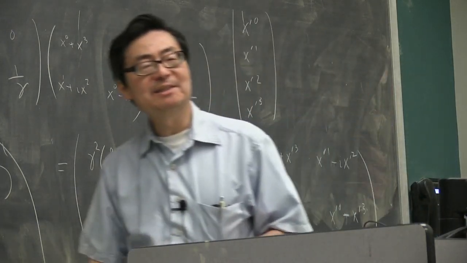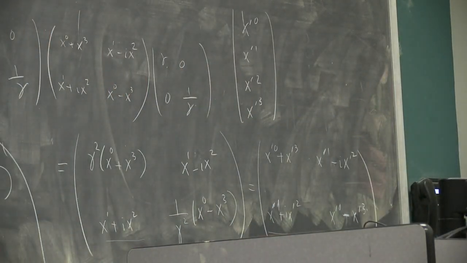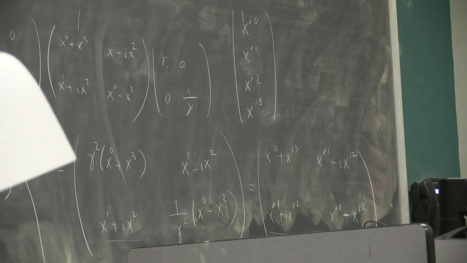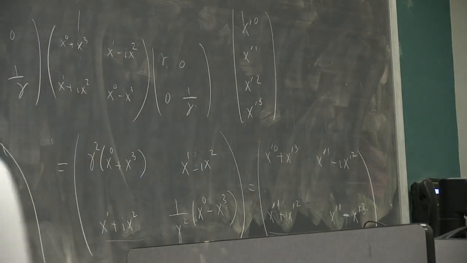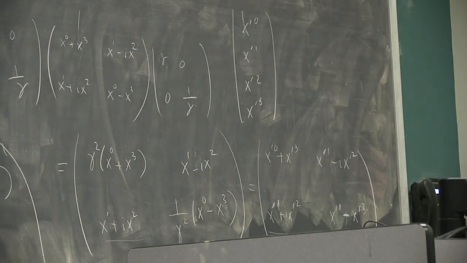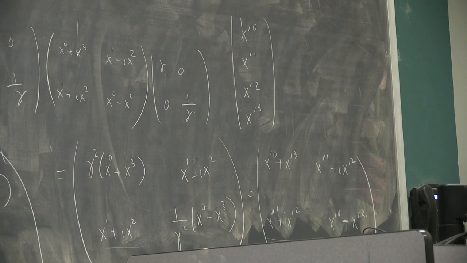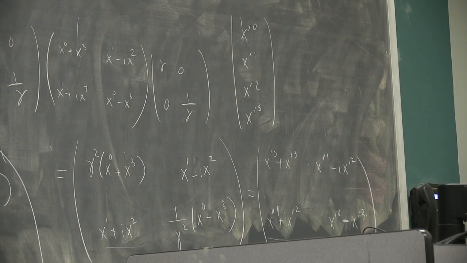That x prime 1 is equal to x1 and x prime 2 is equal to x2. Okay? That means this transformation doesn't mess with the 1 and 2 components. It only messes with the 0 and third component. It doesn't change the xy components in three-dimensional space. It only changes the time and the third spatial component. In other words, it mixes them together.